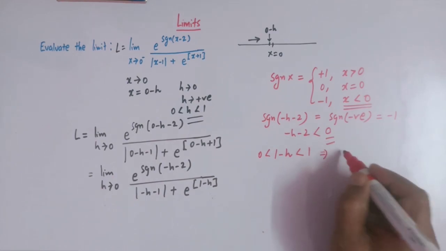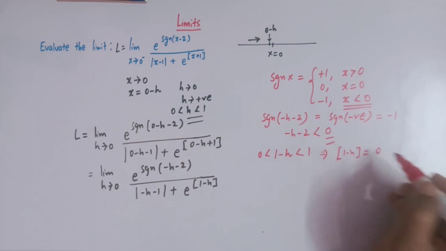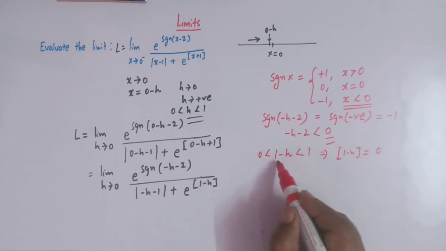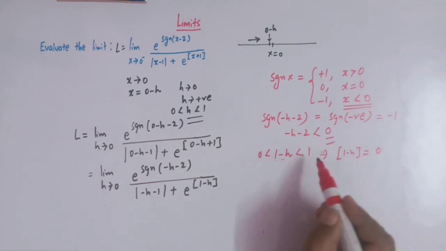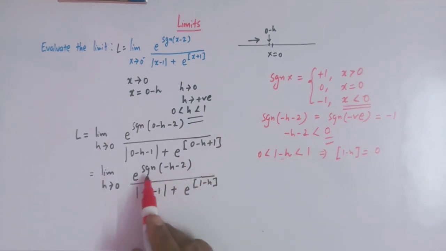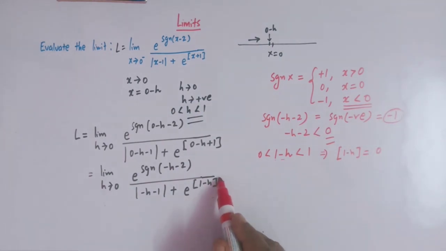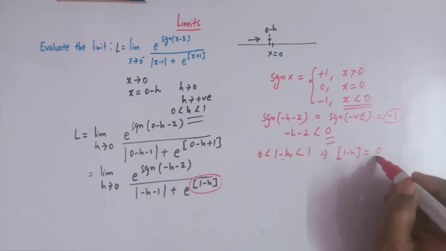From the definition of greatest integer function, the greatest integer of 1 minus h must be equal to 0, because 1 minus h lies between 0 and 1. So signum of minus h minus 2 is -1, and greatest integer of 1 minus h is 0.